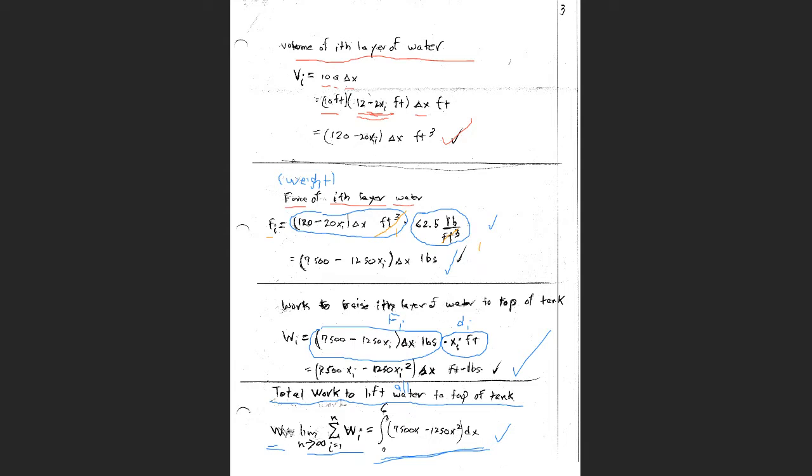It all is volume. In this case, it's more convenient to have the height come last, because the height is that delta x value, and that's going to turn into dx when we take the limit of the Riemann sum. But yeah, it's fine. Very good question.